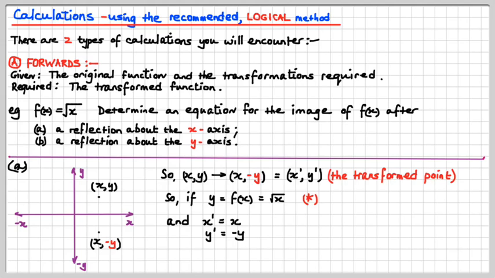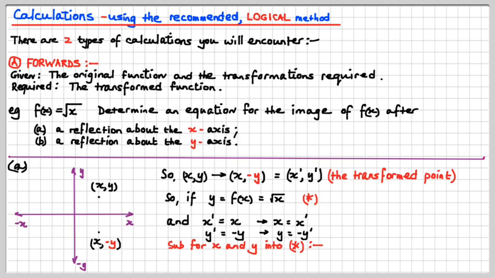And then what I'm going to do now is make x and y the subject of those, and then plug those values of x and y into the equation in terms of these transformed variables. Then we'll come up with our transformed function.